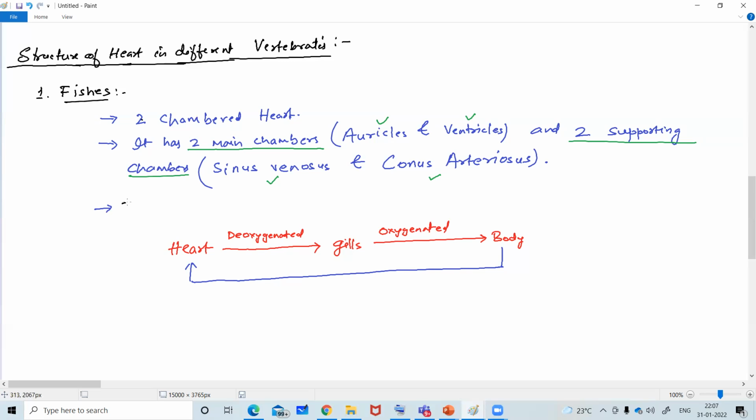So we can say here that the heart of fishes receives only deoxygenated blood.